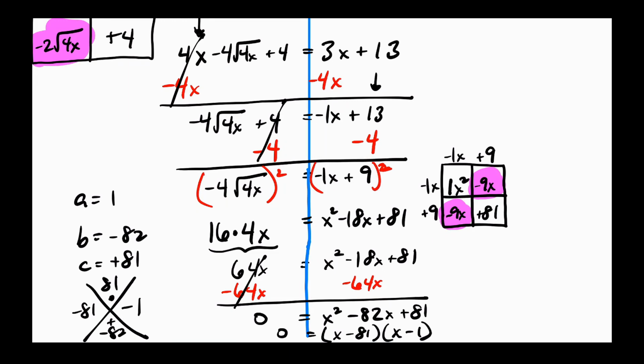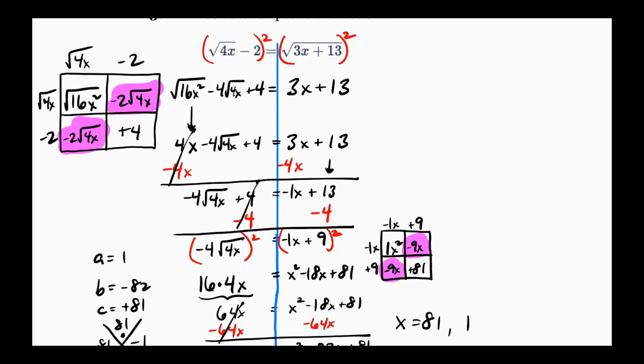So yeah, you're going to get two answers. Set those equal to 0, or you can do it in your head. What are the two answers that you get? Positive 81 and positive 1. All right. So my last step is I need to check them to make sure to verify that they're both verified answers.